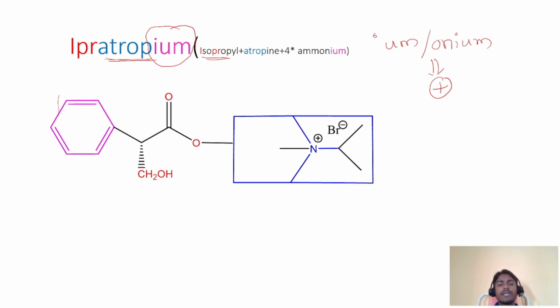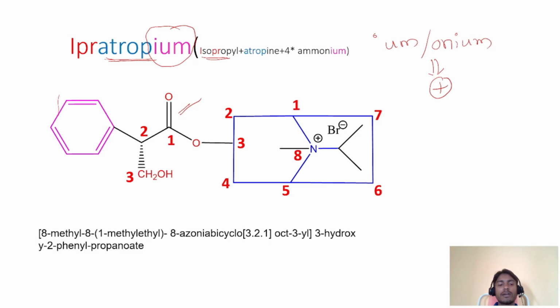Next, first we need to identify the functional groups. Ester group is there, alcohol, okay, quaternary ammonium group is there. Next, when it comes to the IUPAC nomenclature, first the numbering will be started with the ester group, 3, like that. After that, as we just discussed for atropine, the numbering is head atoms first, 8.